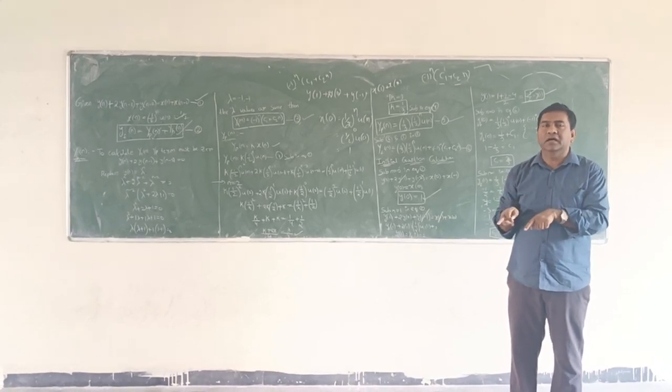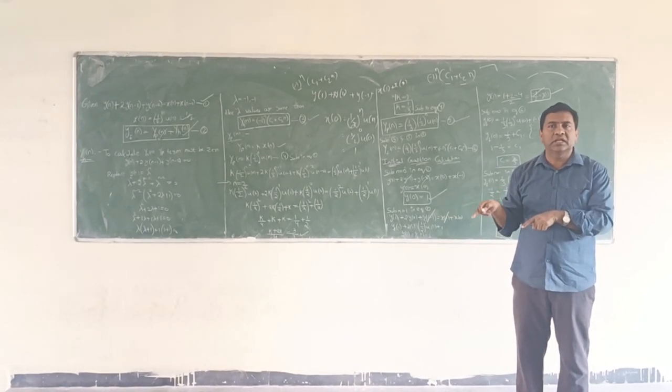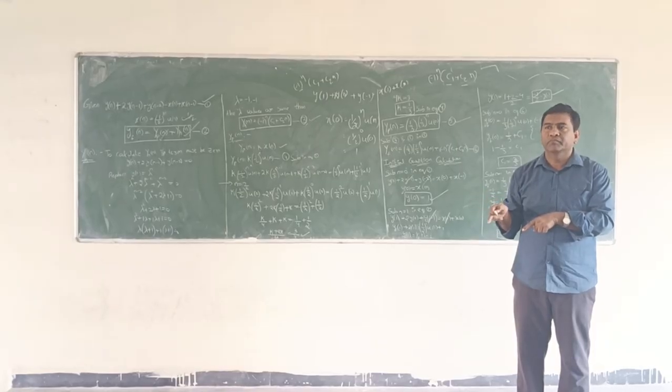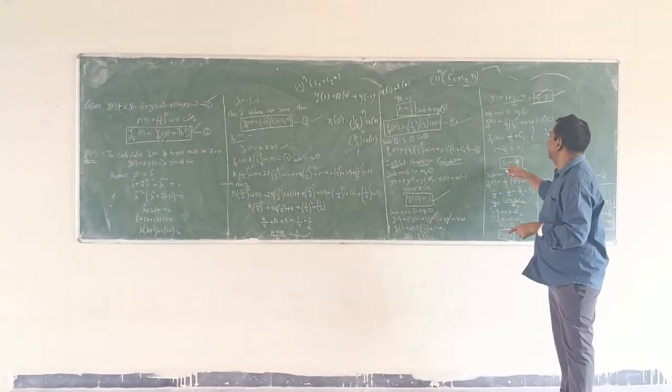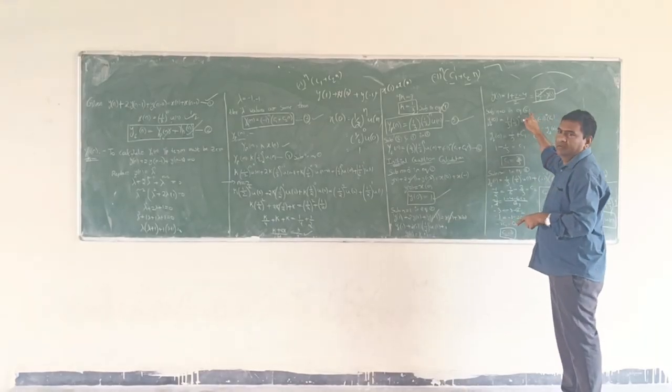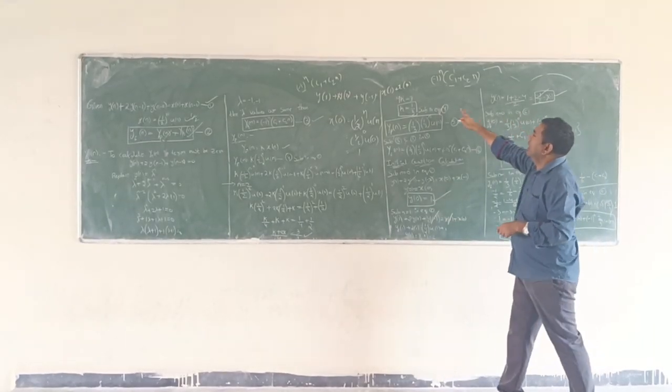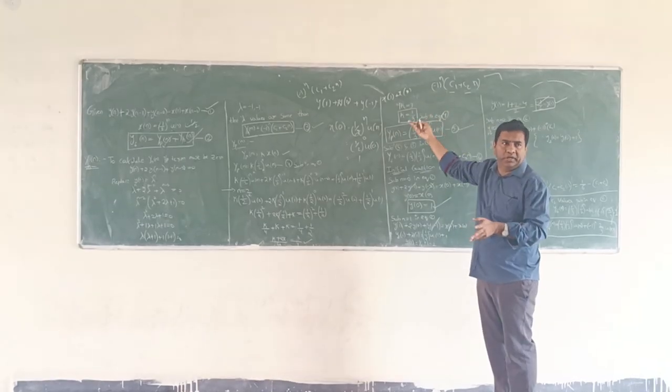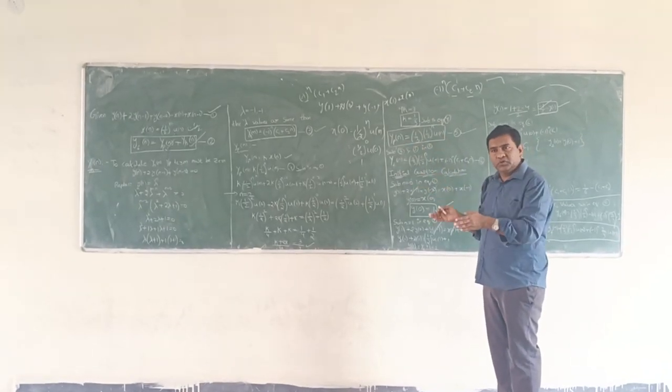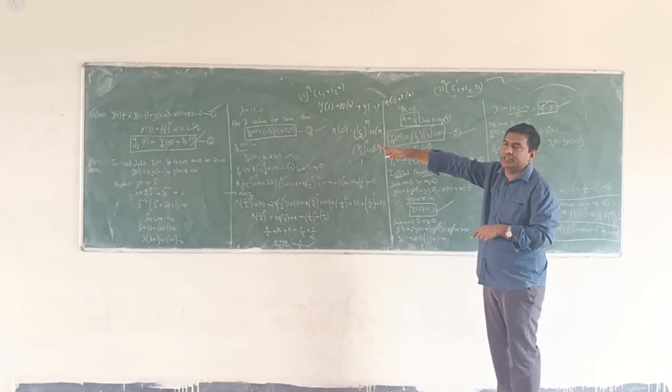Whenever you want to calculate coefficients c1, c2, c3 like that, you have to substitute different values for n in equation 6. Whenever you are calculating the output y of 1, y of 0, y of 2 like that, we are substituting different values of n in equation 1.